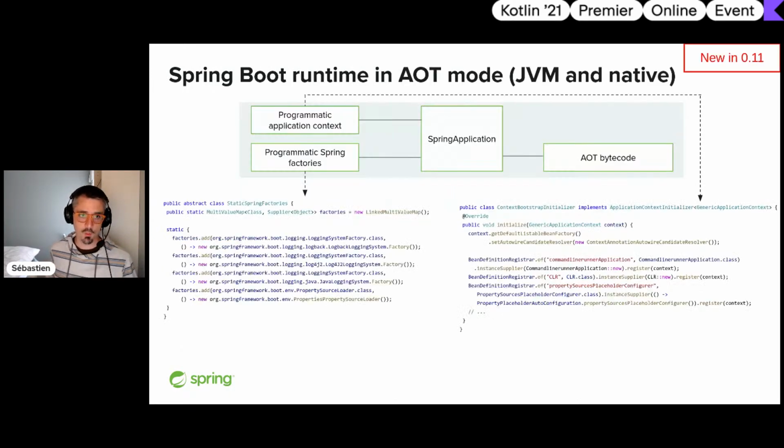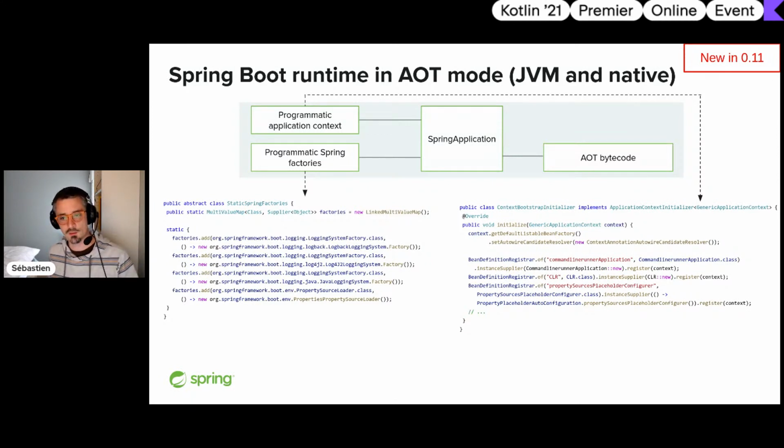But with AOT, that's different. A lot of processing has been done during the build. So at runtime, for the plugin mechanism, we don't have to read some properties file and create stuff via reflection. We have already created a programmatic version optimized for your specific application with your classpath and your properties, with only the required bits that you need. We do the same for the application context.